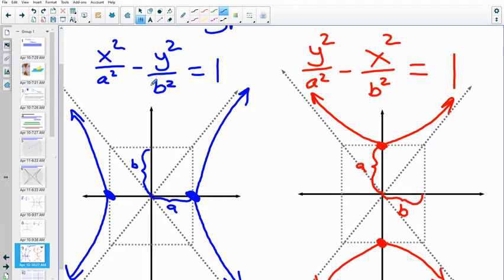I've taught it in such a way where the A always stays with the x value. So the A would be here and the B would be there. And there's just lots of different ways of thinking about this. Whichever one is associated with the x is giving you horizontal, whichever one's associated with the y is giving you vertical, no matter the order that things are in. And that's always going to be the case.